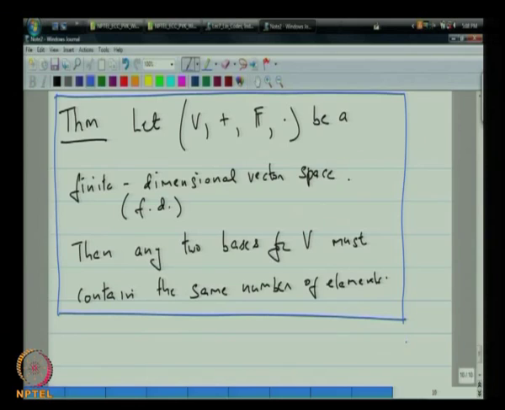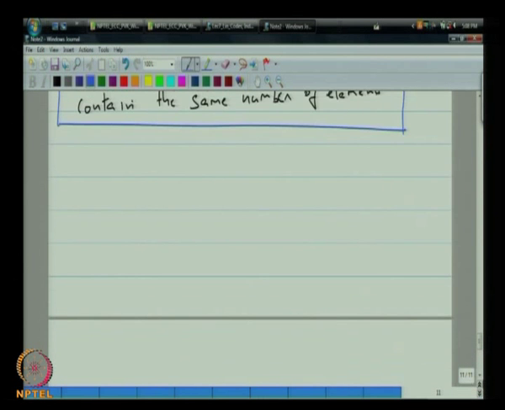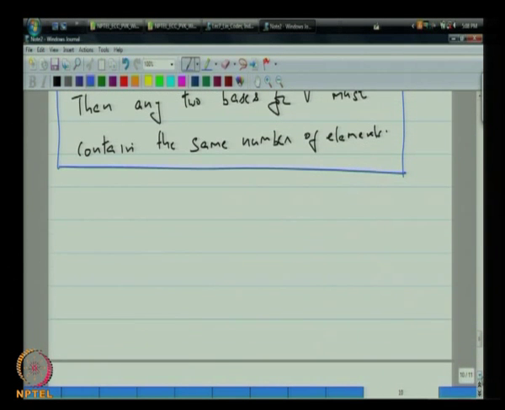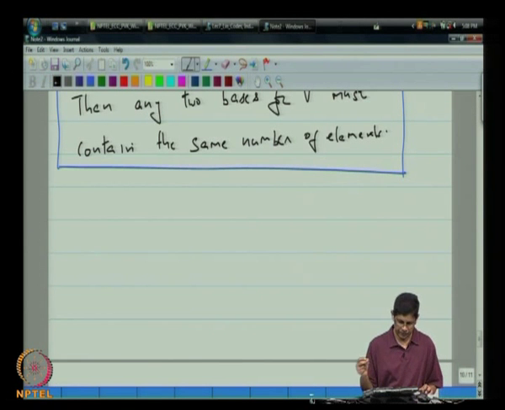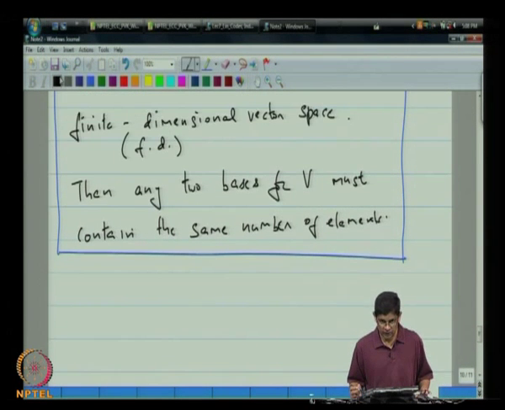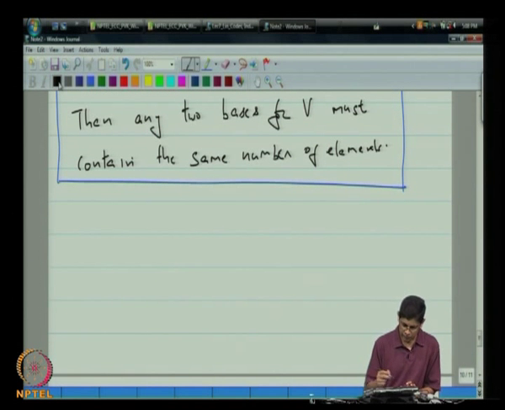Moreover, the number of elements in the basis is fixed. How do we prove that? The proof will involve two lemmas. I will not prove the lemmas themselves because it will take us a little too far out. I will just state them, but we will use them to prove the theorem.